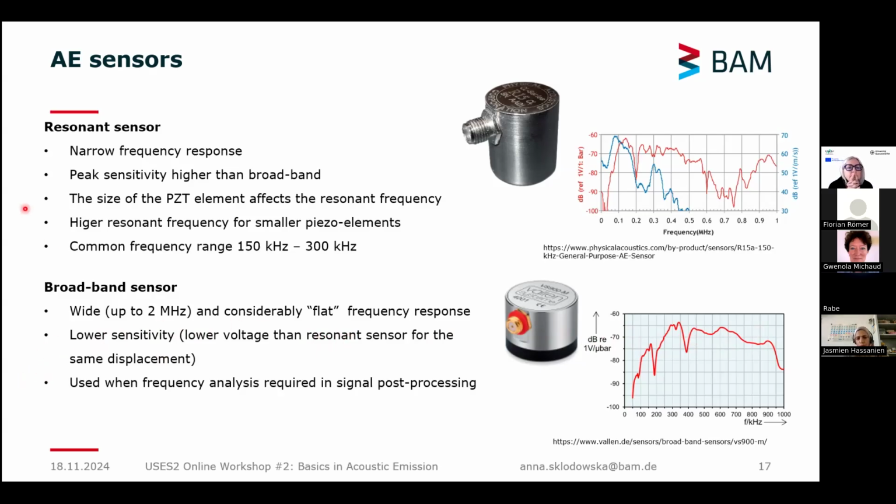However, it has a lower sensitivity compared to resonant sensors, meaning a lower voltage than a resonant sensor for the same displacement. And it's often used, this is just a general idea, when frequency analysis is required in the signal post-processing.